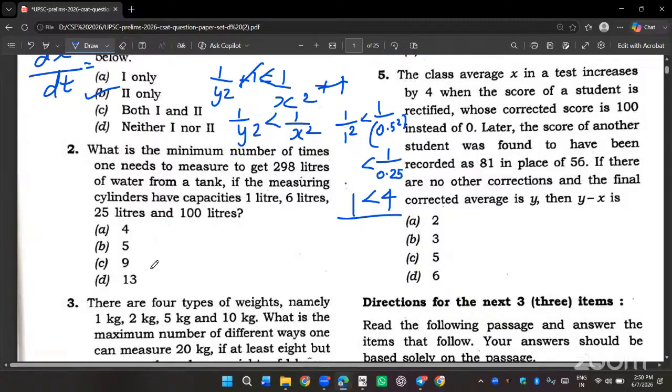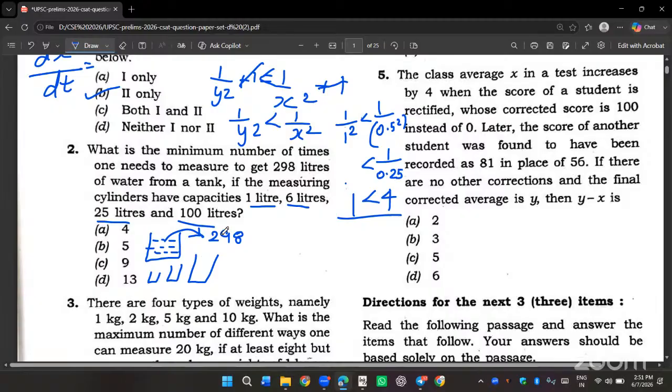So I have a tank, and in it I have a huge quantity of water. I want to take 298 liters. But you have given me cylinders of 1 liter, 6 liters, 25 liters, 100 liters. These are measuring cylinders of different capacities.